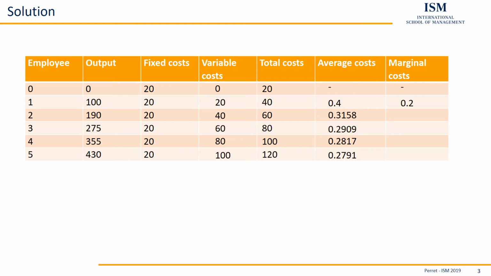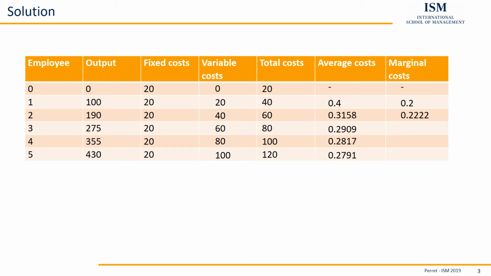Then in the next step, we go from 40 to 60. Have a cost increase of 20. We divide this by the output increase from 100 to 190. So we go 20 divided by 90, giving us here 0.222. Then for the next one, again, cost increase of 20. That's from 60 to 80.